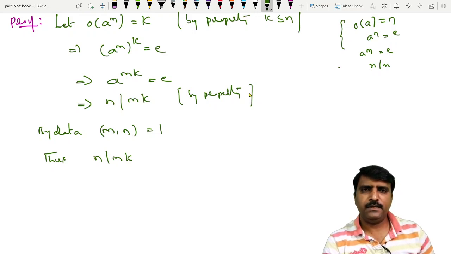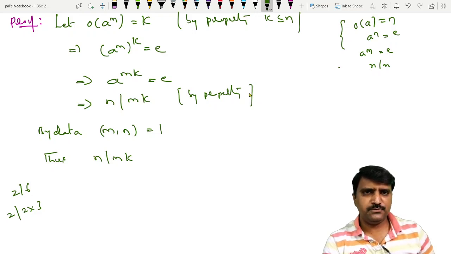For example, 2 divides 6. We can write 6 as 2 into 3. What does it imply? Either 2 divides 2 or 2 divides 3.